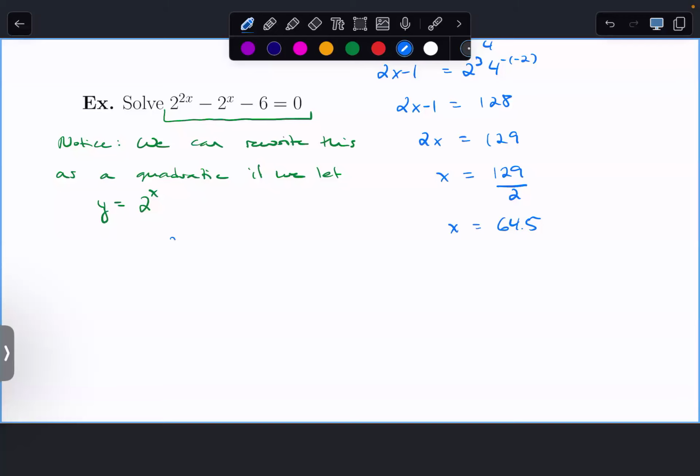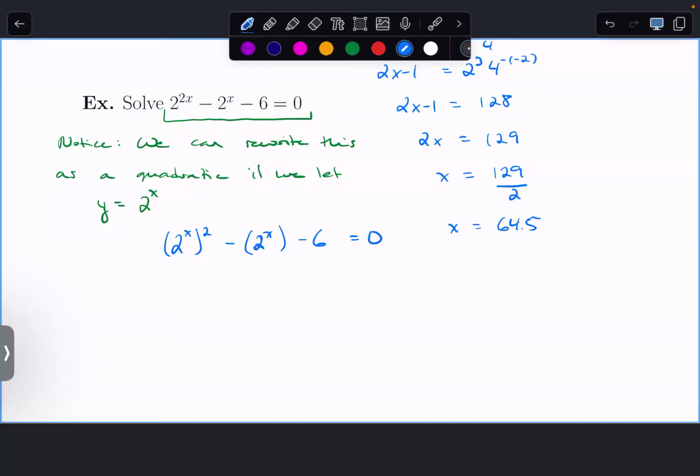If I have 2 to the power of 2x, maybe I'll rewrite this as 2 to the power of x, all to the power of 2, by those exponent laws, right? That's the same as 2 to the 2x minus 2 to the x minus 6 is equal to 0.